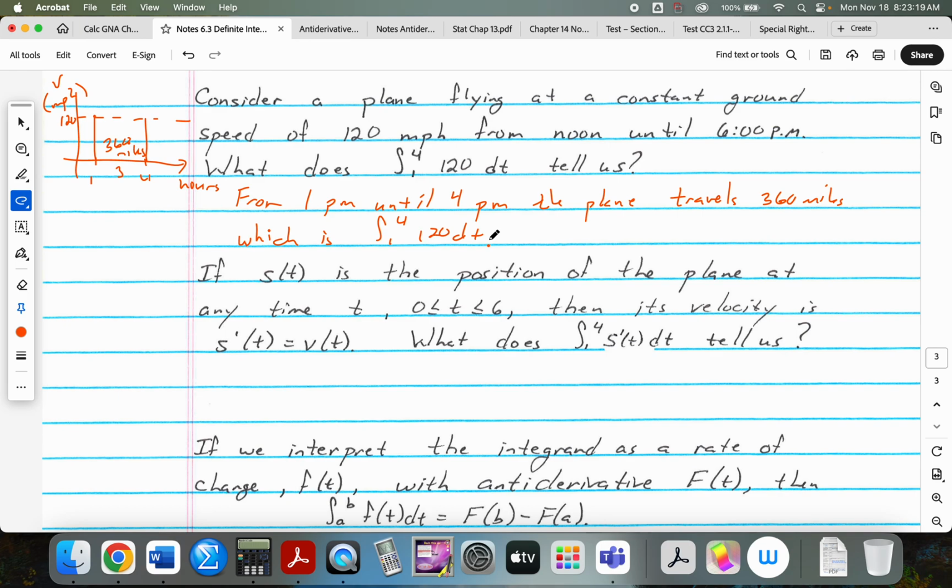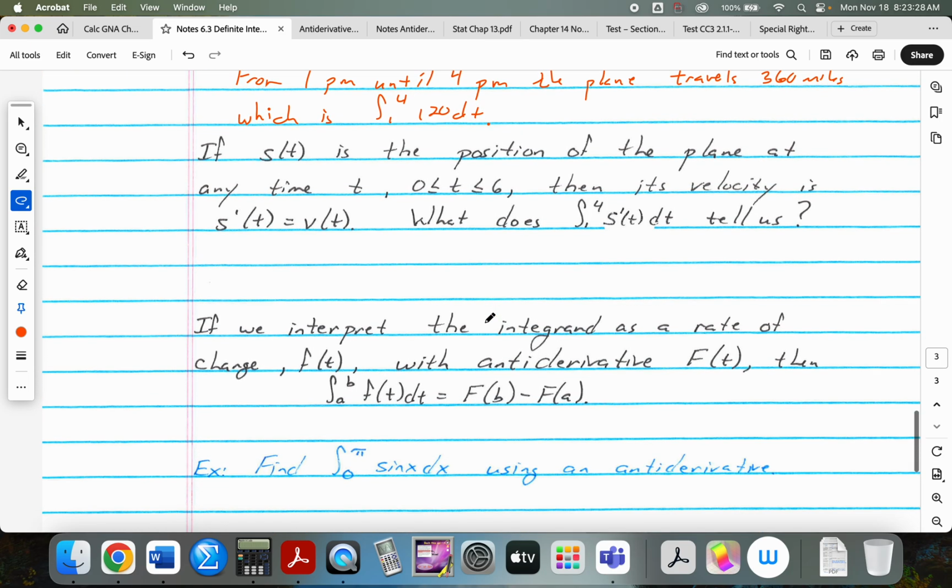Now, let's make this more general. Let's say S of t is the position of the plane at any time t between 0 and 6. Then its velocity would be S prime of t, right? Which is v of t. So what does the integral from 1 to 4 of s prime of t, or v of t, either way you want to say it, tell us? Well, that is the integral from 1 to 4 of v of t dt. And in our previous example, it gave us the displacement, right?